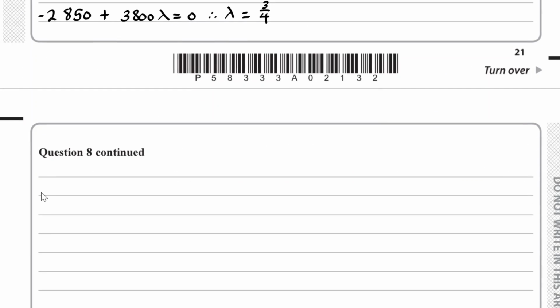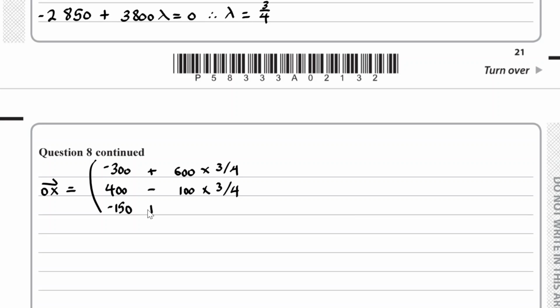So the vector OX is equal to minus 300 plus 600 times 3/4, 400 minus 100 times 3/4, minus 150 plus 100 times 3/4.